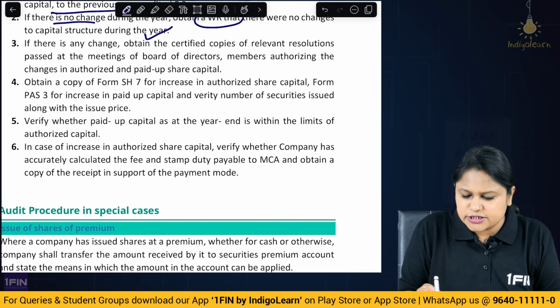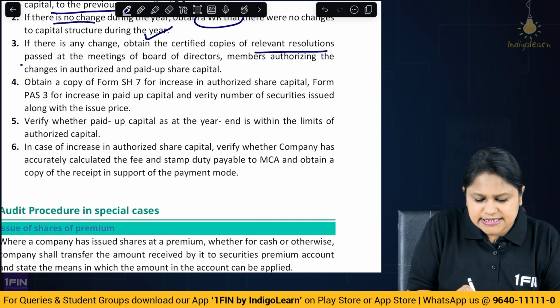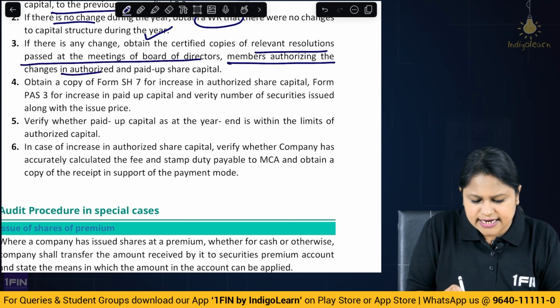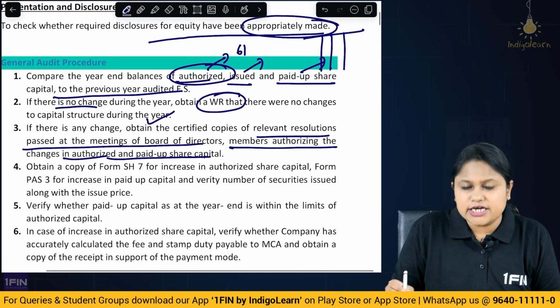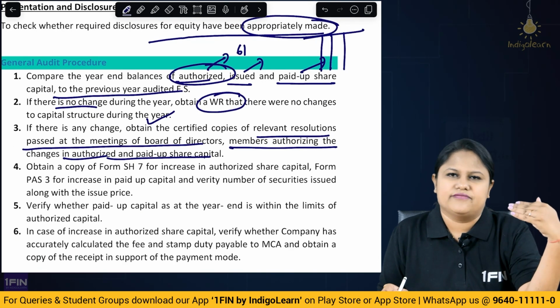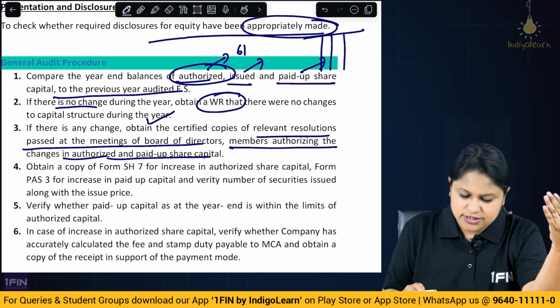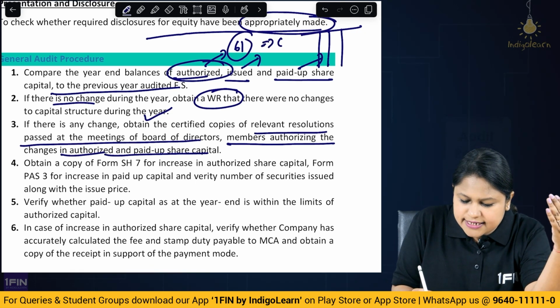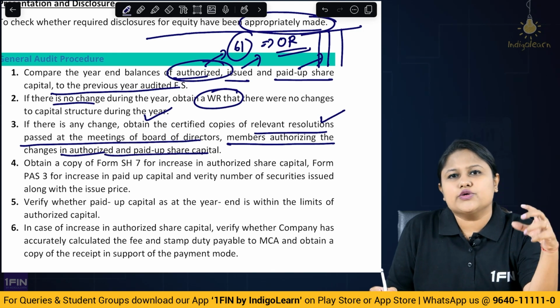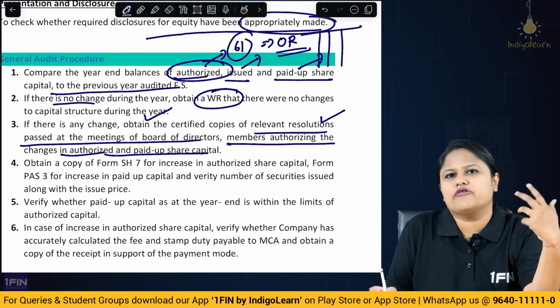Obtain certified copies of the relevant resolutions passed at the meetings of the board of directors and members authorizing the changes in the authorized and paid up capital. See, when you talk about authorized capital being changed, then as per section 61, you have to pass an ordinary resolution compulsorily. So that resolution also you have to obtain. Suppose you are issuing sweat equity shares, there has been an issue of capital.